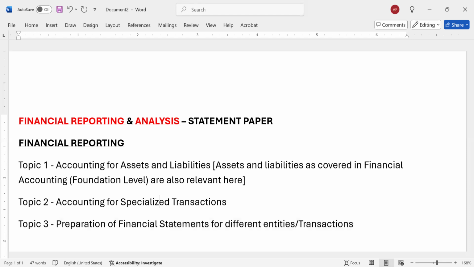I know some of us are familiar with the area of partnership. In your syllabus, what has been stated is conversion of a partnership into a company.